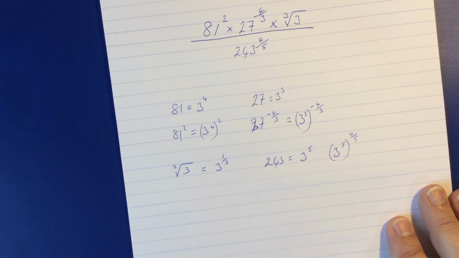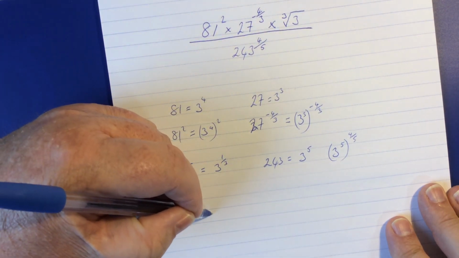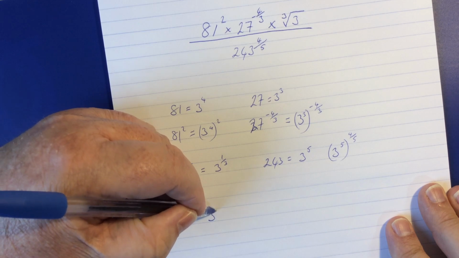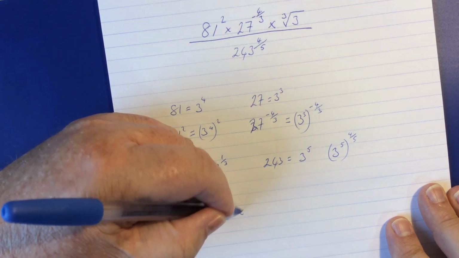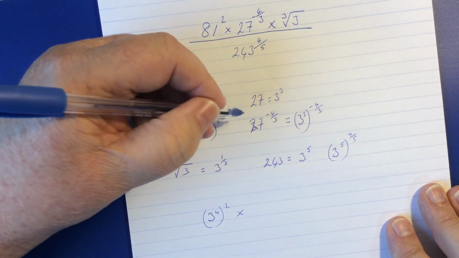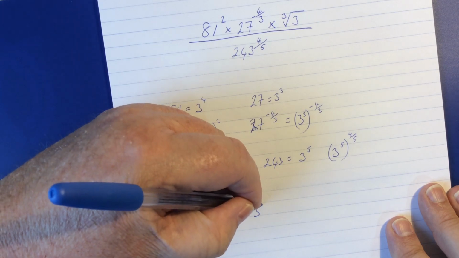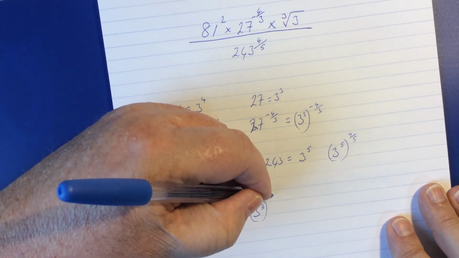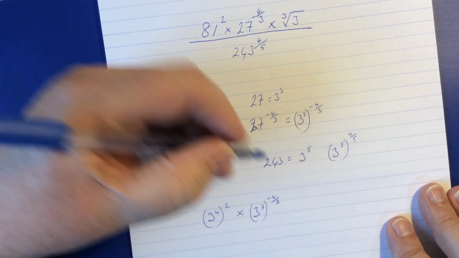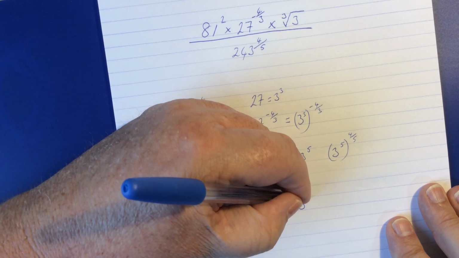Okay, so let's get this rewritten. We have 3 to the power of 4 to the power of 2, times 3 to the power of 3 to the power of negative 4 over 3, times 3 to the power of 1/3.